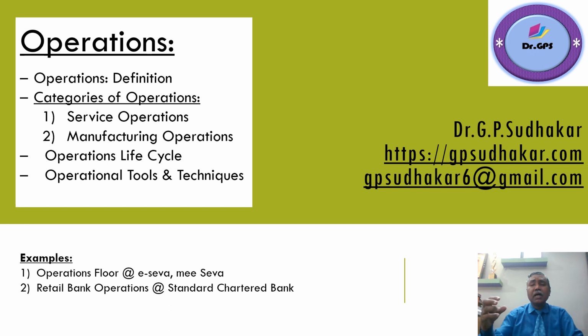So let's move on and see what manufacturing operations are. In any manufacturing firm, for example a steel manufacturing company, a cement manufacturing company, or an iron manufacturing company, any manufacturing company will have operations, right? So basically, what all will be part of manufacturing operations? First, inventory management will come into the picture, raw material inventory management.